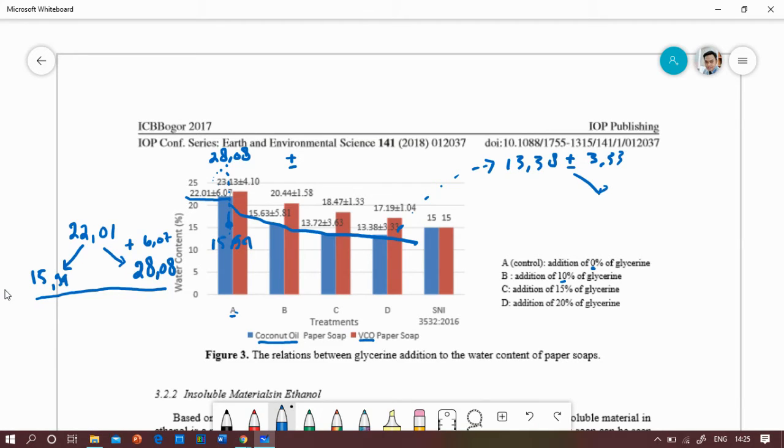So the range will be, let's see, 13.38 plus 3.33. It's going to be 16.71, and then 13.38 minus 3.33.